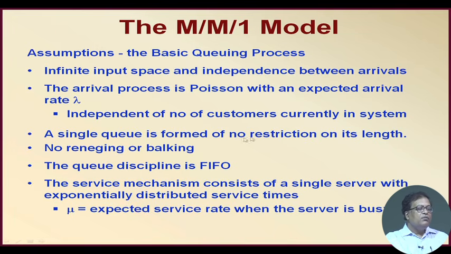A single queue is formed with no restriction on its length. Also assume no reneging or balking or such special cases, and let us simply assume the queue discipline to be first in first out. The service mechanism consists of a single server with exponentially distributed service times, where mu is the expected service rate when the server is busy.